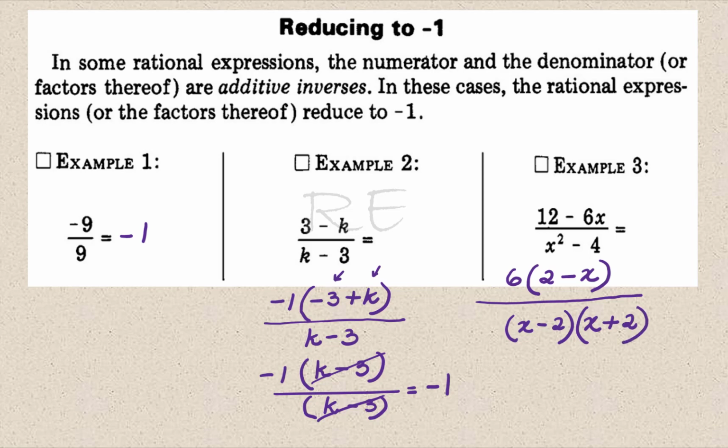Notice that 2 minus x over x minus 2 is equal to -1, the opposite. So it's 6 times -1 divided by x plus 2. So it's negative 6 over x plus 2.